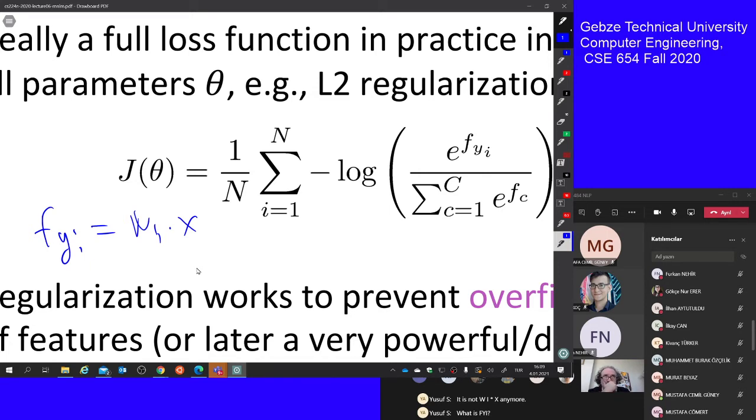Is it the prediction of the model? Prediction is going to come from the softmax. Well, of course, this is not softmax, this is the loss function, but the loss function uses the softmax, right? Prediction will come from the softmax. But what goes into the prediction? That's what I am asking.